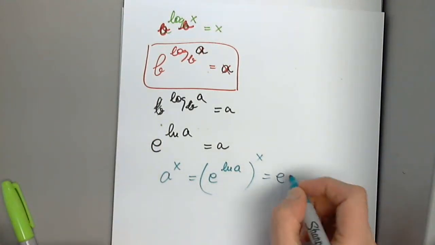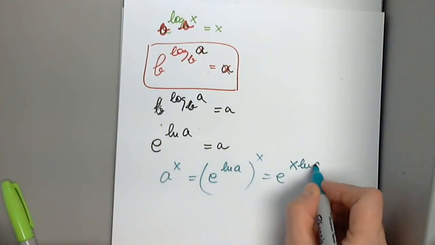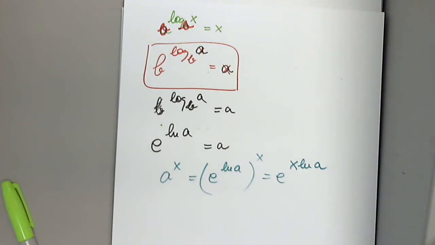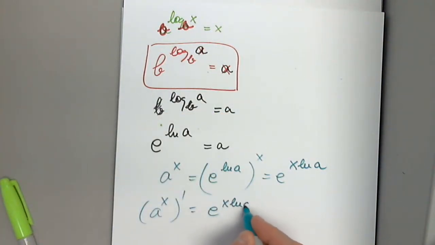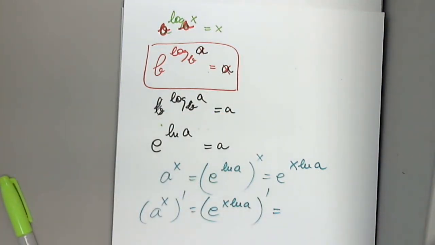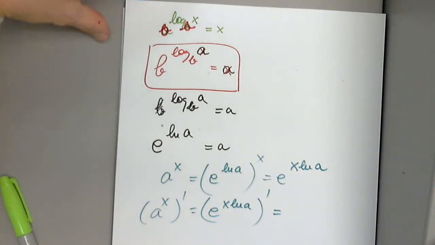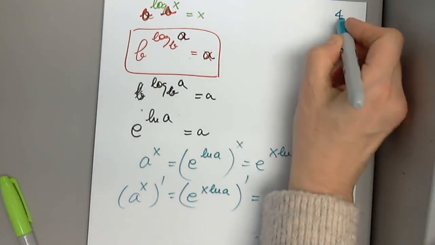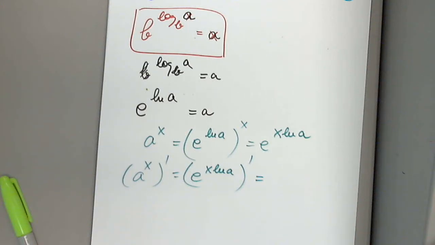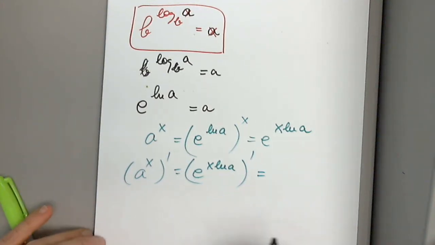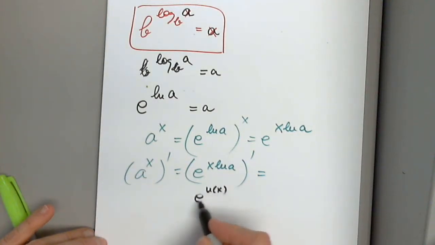Now I copy the base, multiply the exponents. And obviously when I want to differentiate this, I'm going to differentiate that. Bear with me, we can go back and apply it in an example. We didn't finish. I just want to show you where this is coming from. So then how do we differentiate e raised to u?